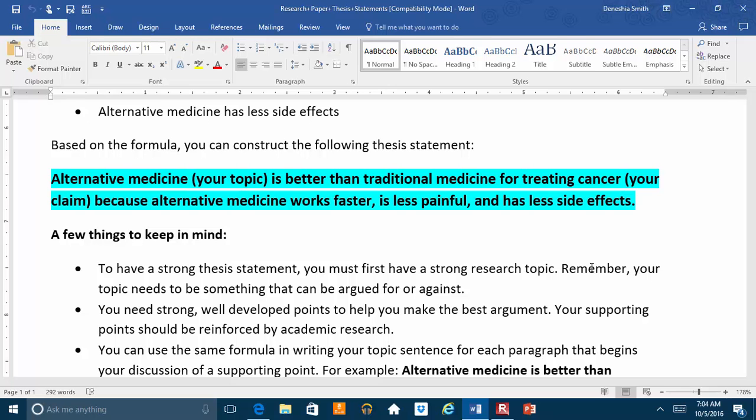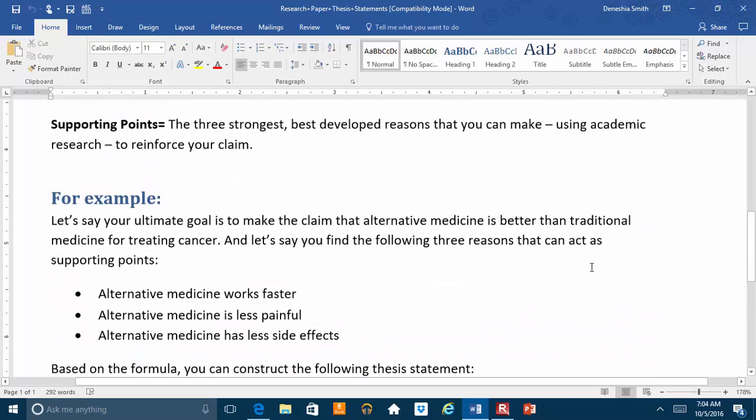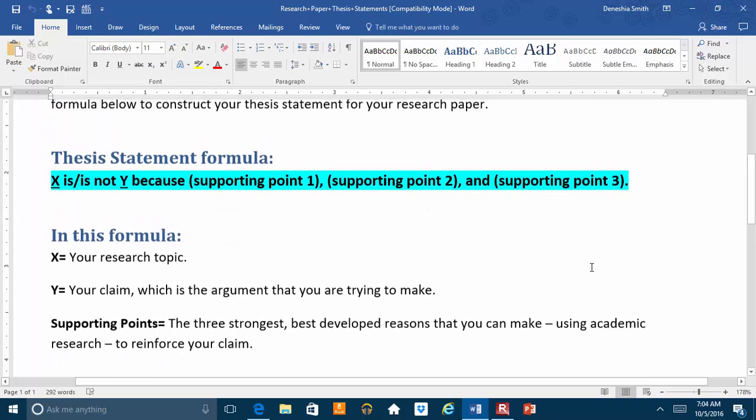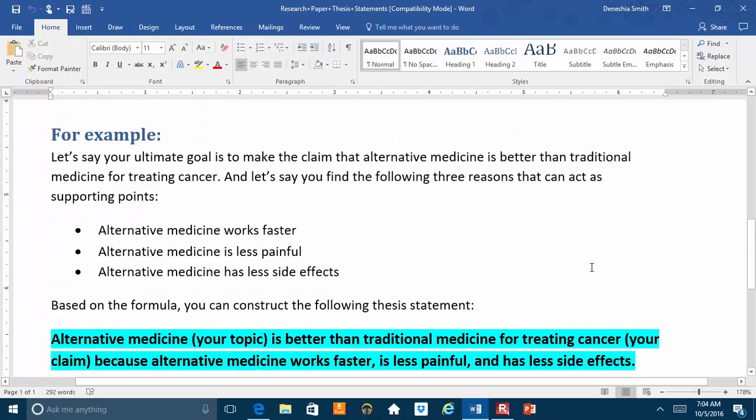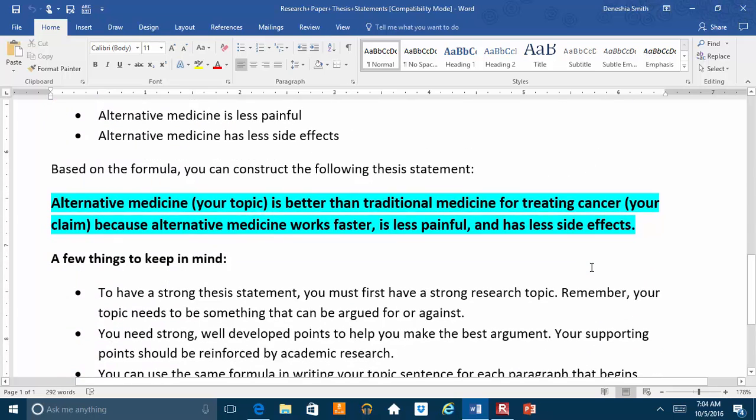So we apply the formula by putting in our topic, our X, then our claim, your Y, because points 1, 2, and 3.